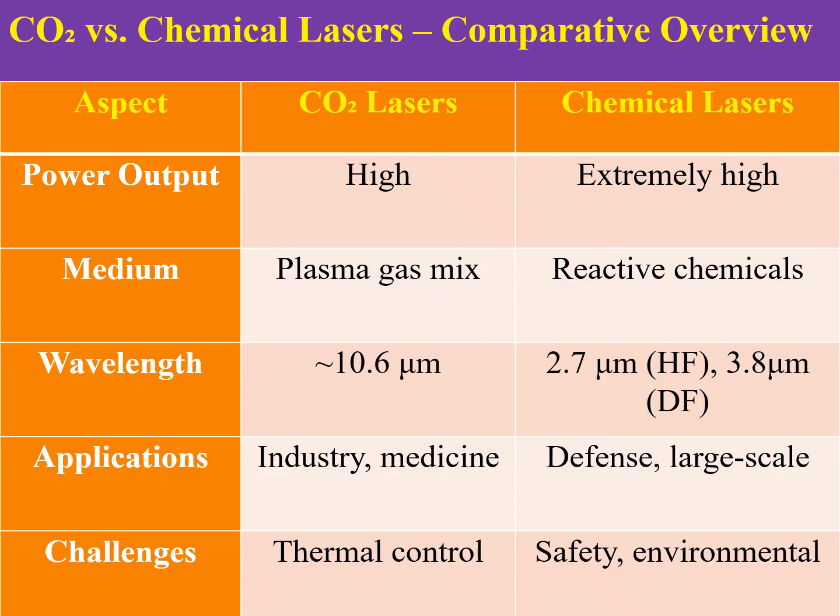The output wavelength for the CO2 laser is 10.6 micrometers, but for chemical lasers, when we work with HF, hydrogen fluoride, we can have 2.7 micrometers as the output wavelength, and if we work with DF, we can have 3.8 micrometers as the output wavelength.